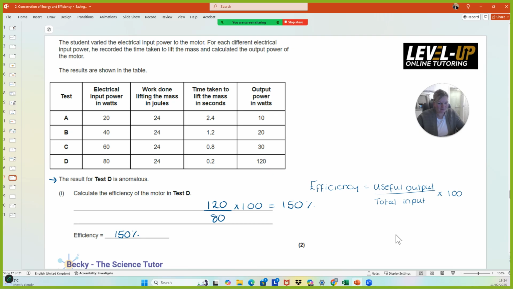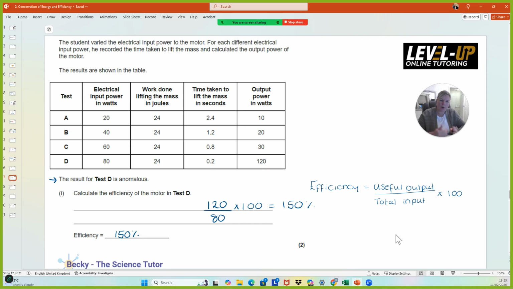Because you've done that, you're all exactly right. You calculated your 150% and you went, hang on, that can't be right. But it does tell us in the line above that the result for test D is anomalous. Anomalous means it's not right, it doesn't fit the pattern, there's something not quite right with it.